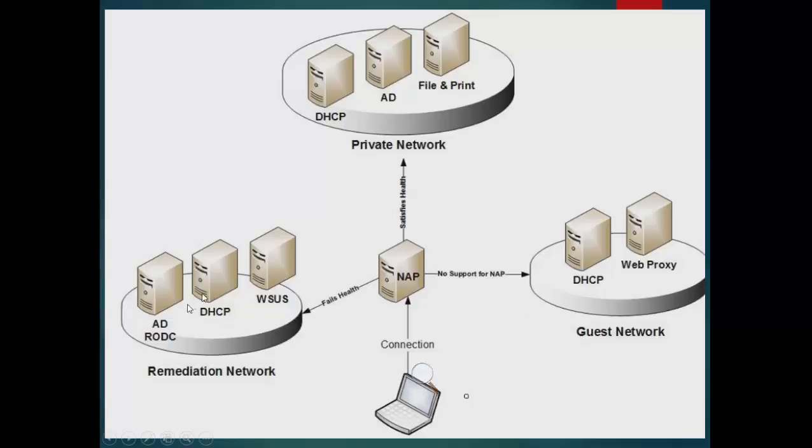Anyway, if a remediation network is not there, the machine would be redirected to the guest network, which means go sit there and enjoy. You're not getting access to the inside network until you're compliant, right? Compliance means following the company policies. So NAP will implement that compliance requirement.